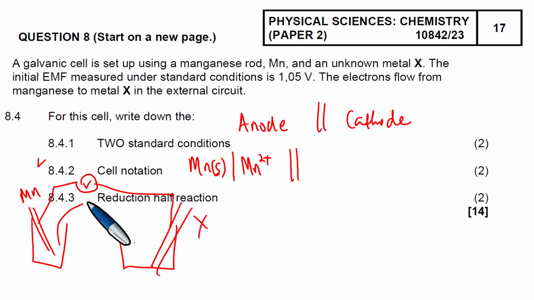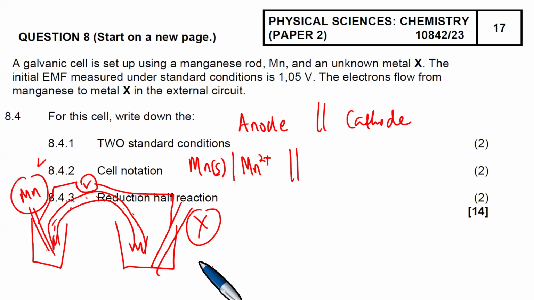Now you have your manganese there and the metal X. You start reading with the manganese electrode, the manganese rod.